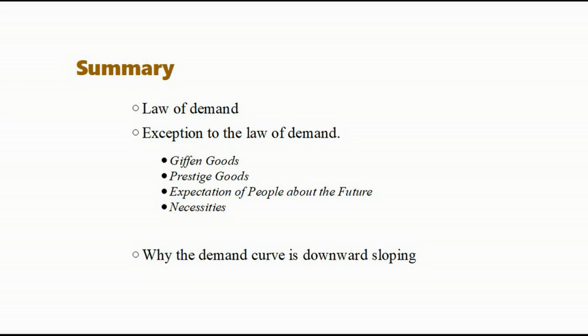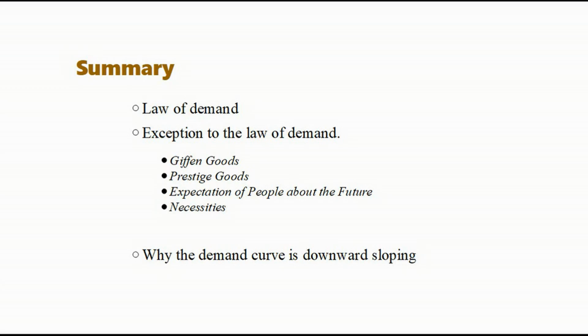And again, in the case of prestige goods, a product whose value is measured by its price, the higher the price, the higher will be the demand. Expectation of people about the future: they expect that there will be a much higher price in the future, and they purchase the commodity in a high quantity, even if there is an increase in price. Or when there is a low price, people expect that there will be a much lower price in the future, and their purchase also decreases.